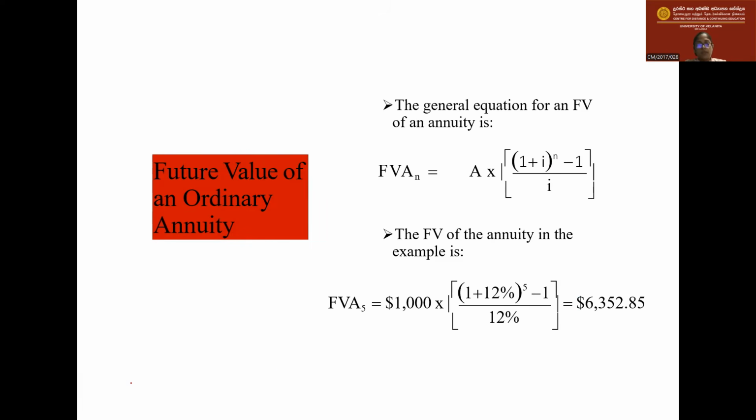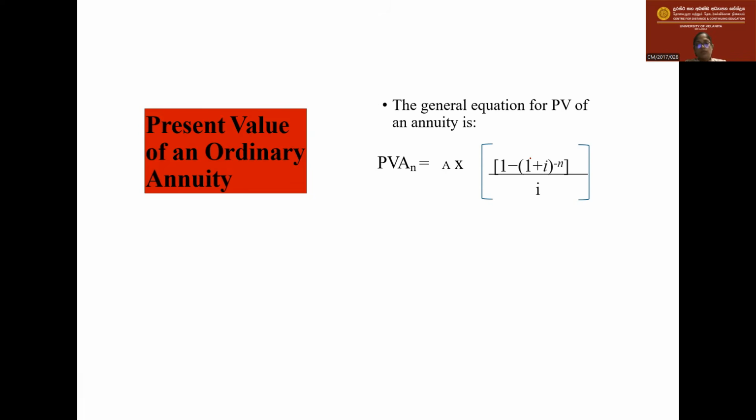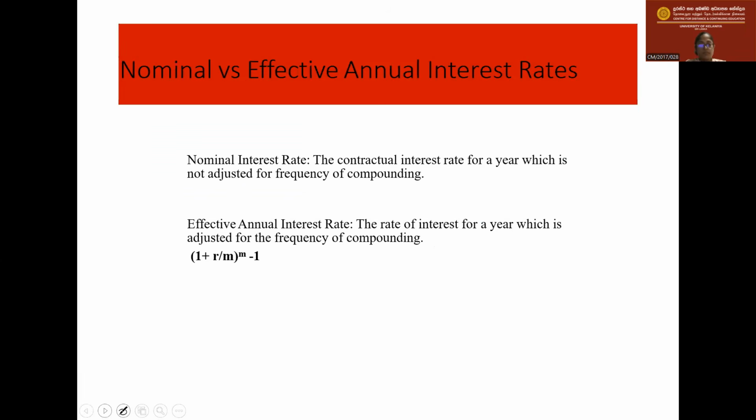But for the present value, the order changes. The minus 1 comes first as 1 minus, and the positive n in the future value case becomes a negative in the present value of an ordinary annuity. This is the formula.